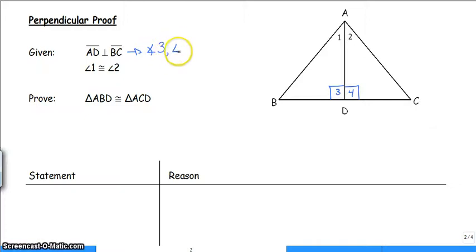It's going to be that angle 3 and angle 4 are right angles. The fact that they're right angles leads me to the fact that they are congruent. Angle 3 congruent to angle 4. That's the first congruent statement that I'm going to use.